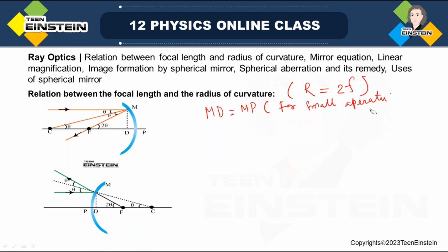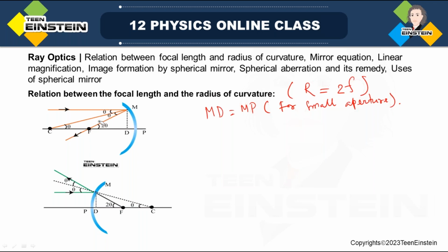So see, if I take this angle theta, then the opposite angle you can say, so this is theta. By geometry we can say these are theta. Now if this angle of incidence is theta, so angle of reflection also will be theta.